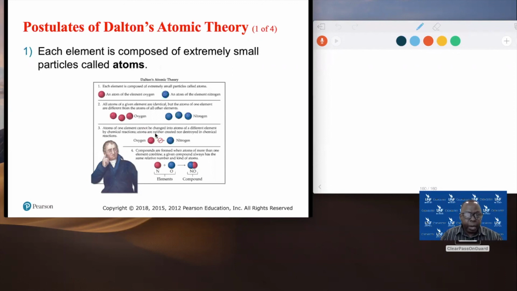And here are his postulates, two of which are actually no longer valid. What do I mean by no longer valid? Look at postulate number 2, that all atoms of a given element are identical. They are not identical. We will see isotopes. We're going to talk about isotopes: atoms of the same element, but with different properties.